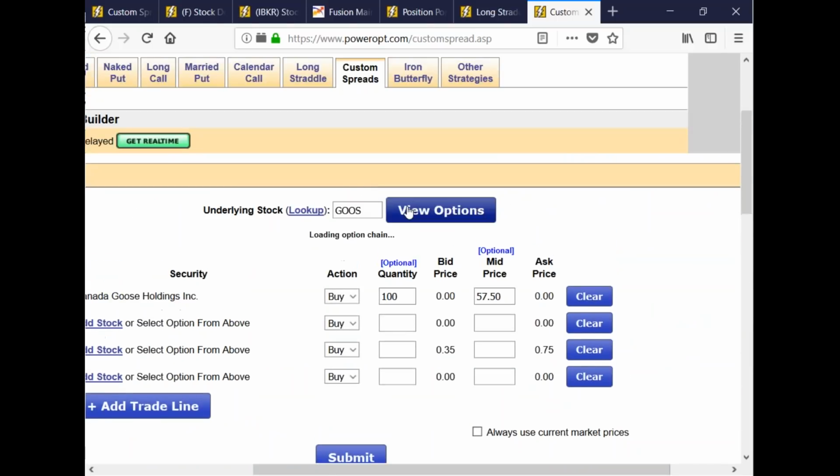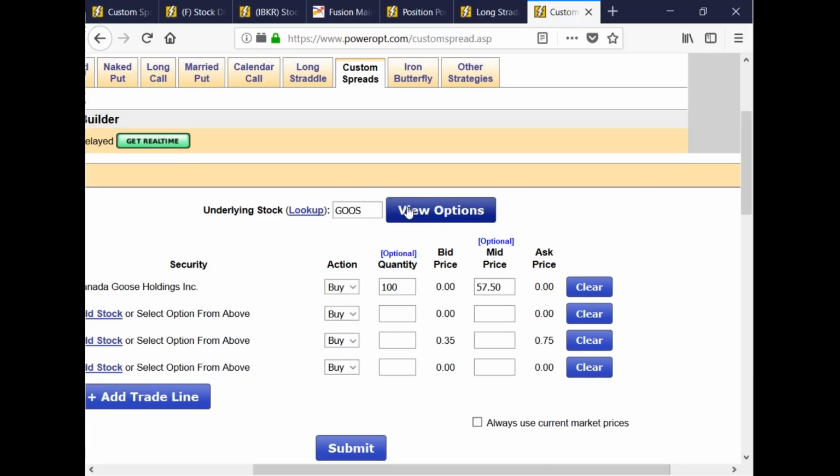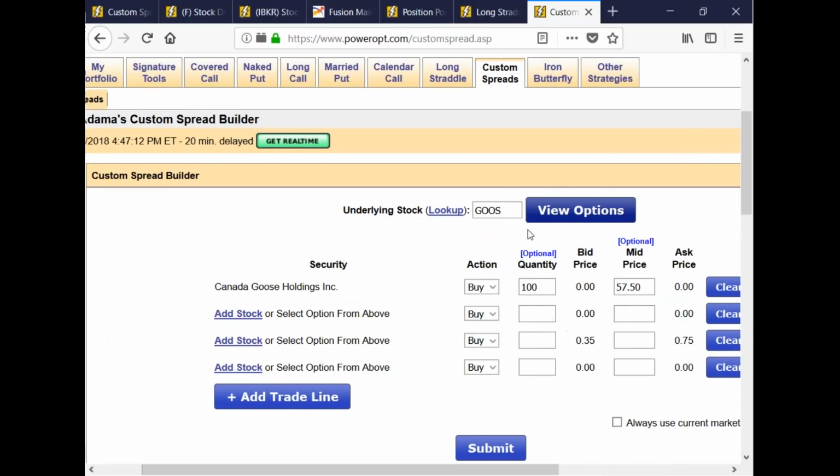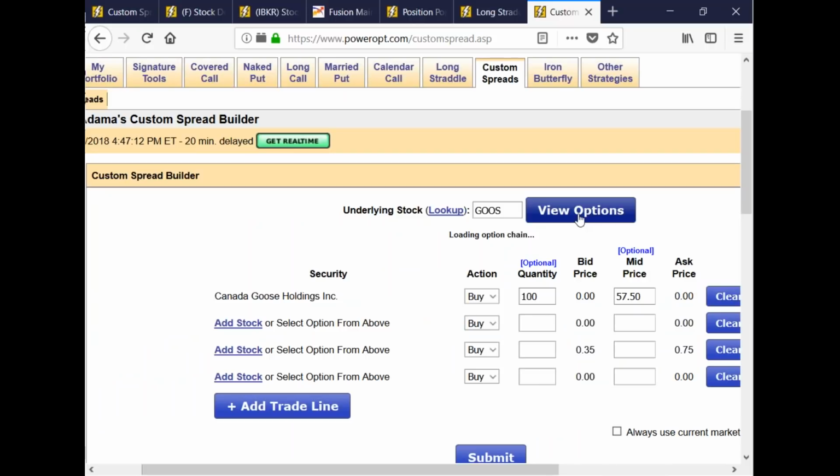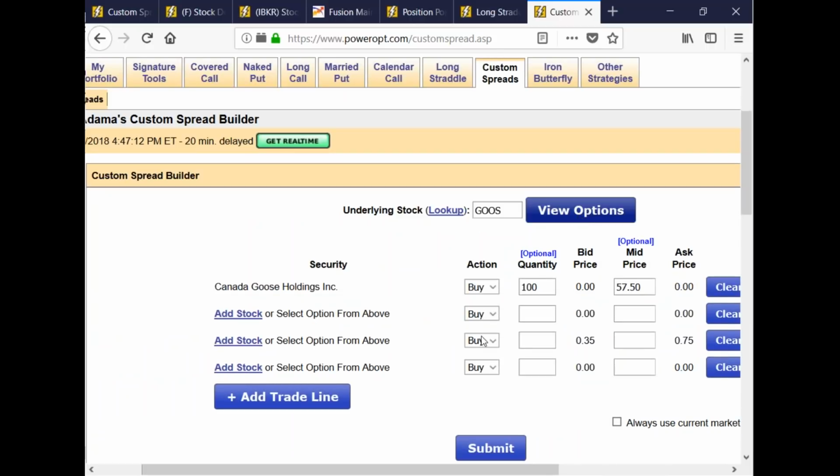Hold on one second. Okay. I am going to yell at someone in a minute. Don't worry, you guys won't hear it. Looks like someone, perhaps a programmer, is doing something in the background. One moment.